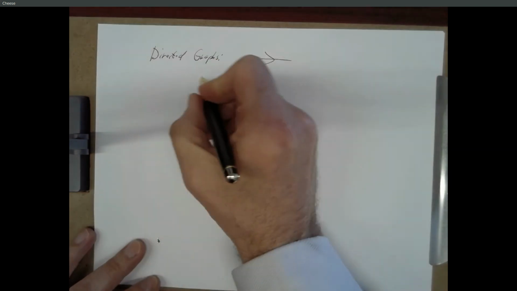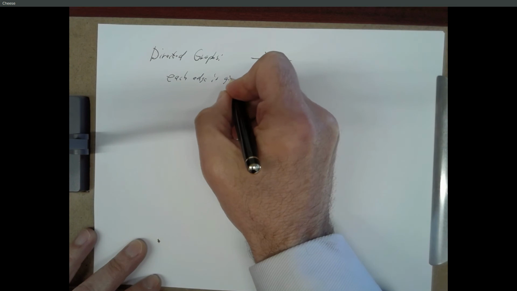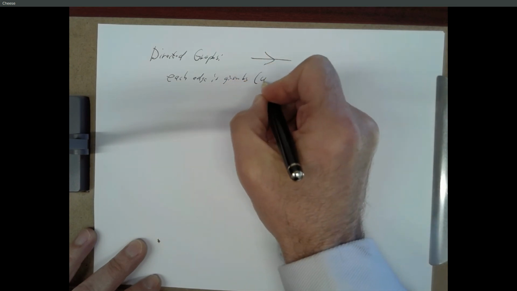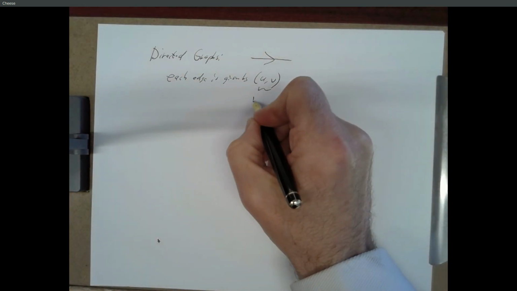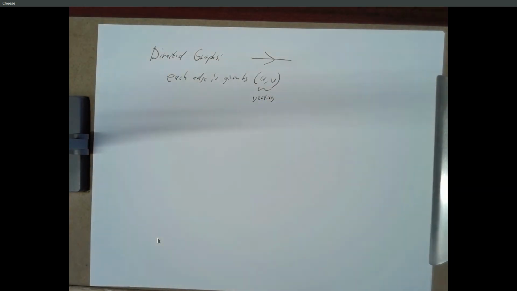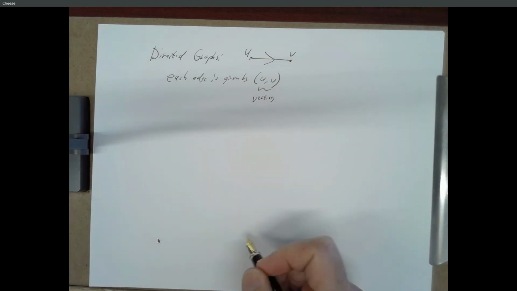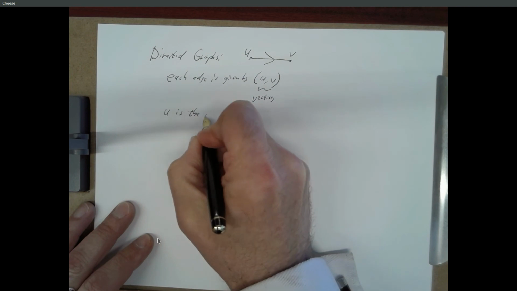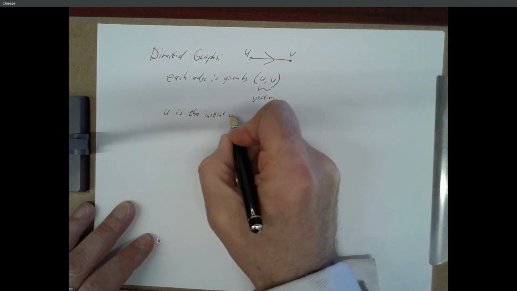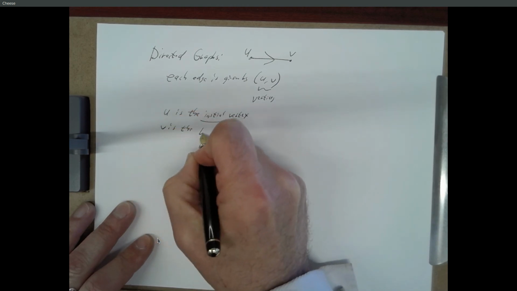And so an edge is given by an ordered pair of vertices, where this might be U and this might be V. So U is the initial vertex and V is the terminal vertex.